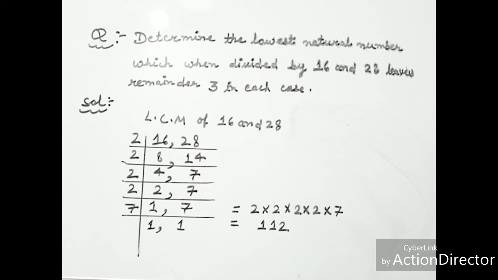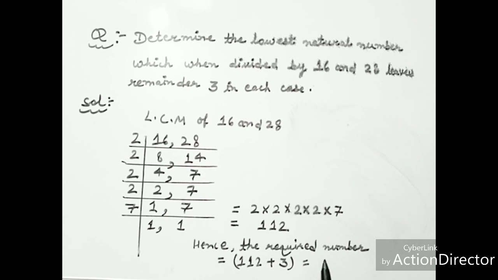And hence the required number, which divided by both numbers leaves remainder 3, is 112 plus 3, which is 115.